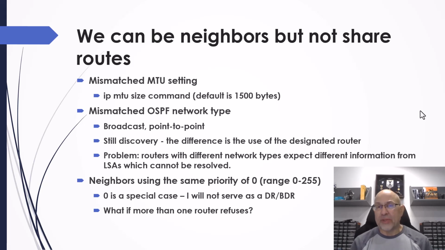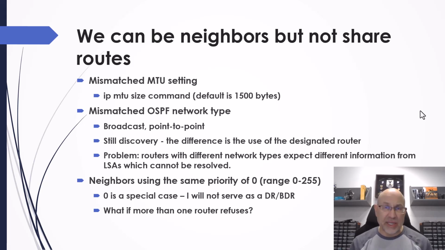And the reason for this is that when you have a different network type, your LSAs are structured just a little bit different. Now, the third problem is neighbors that all use a priority of 0. By default, routers use an OSPF priority of 1, and that's fine. They can all have the same priority. You'll do the election based on, right, the router ID.